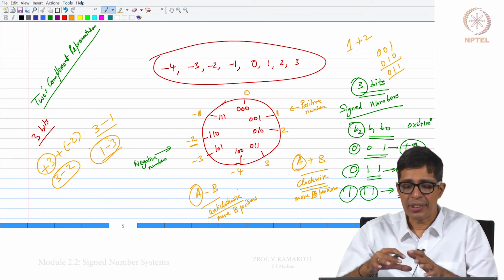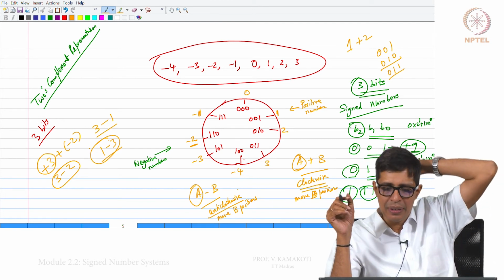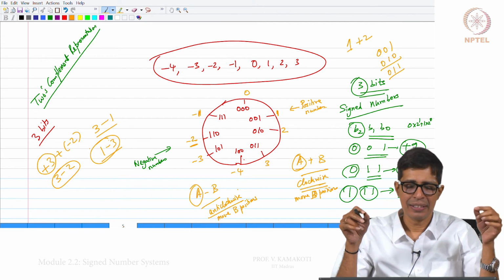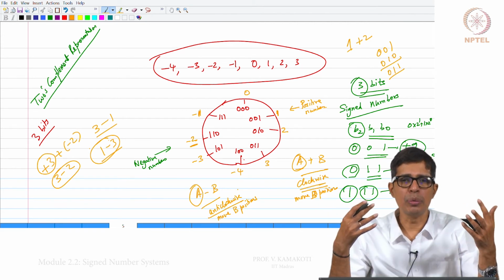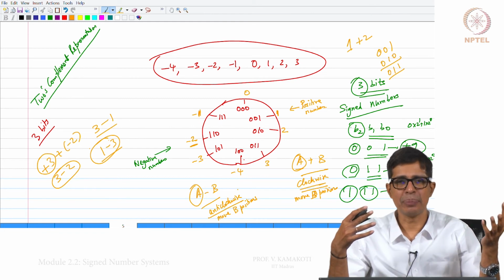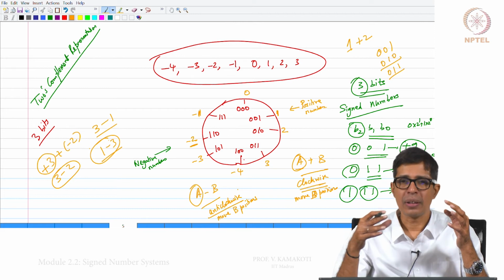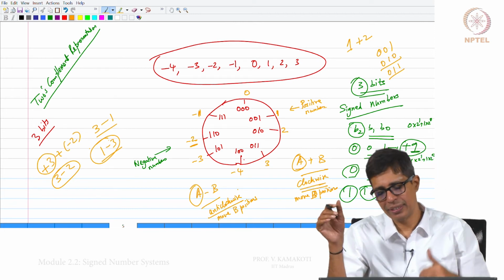Okay. So, this circular representation of the number line helps you visualize addition and subtraction as clockwise and anti-clockwise movements respectively.